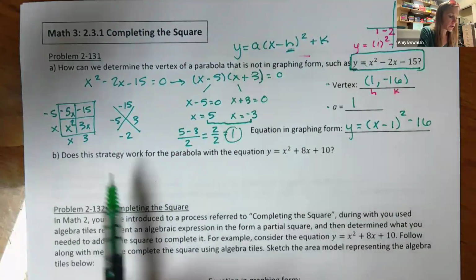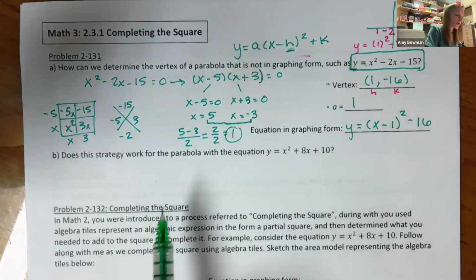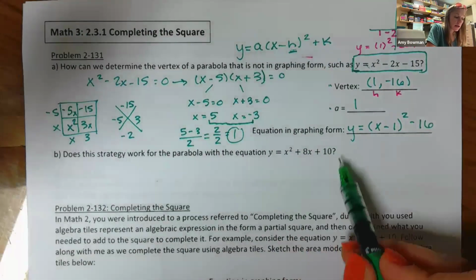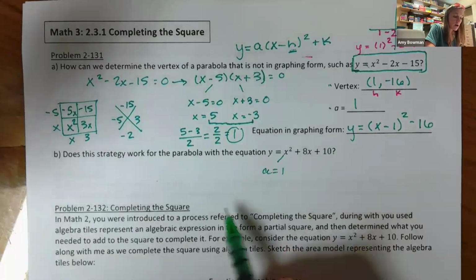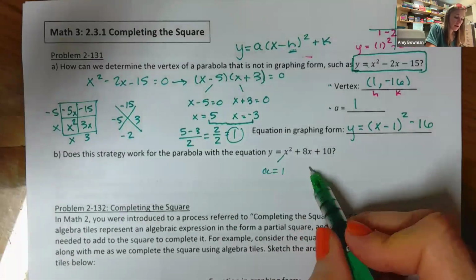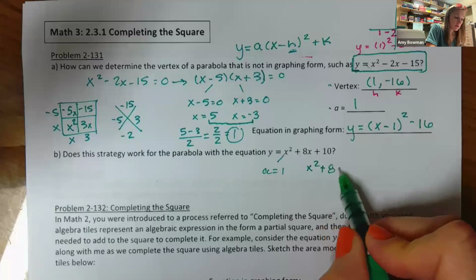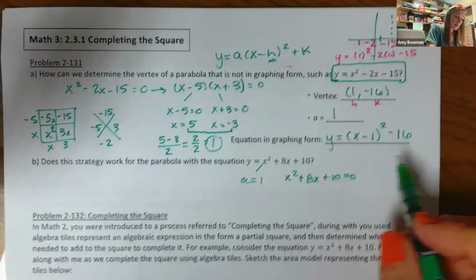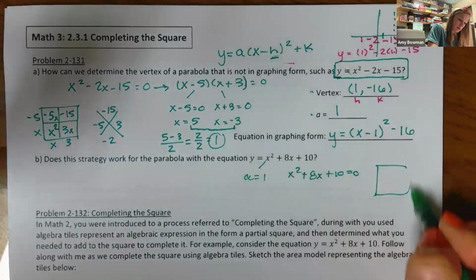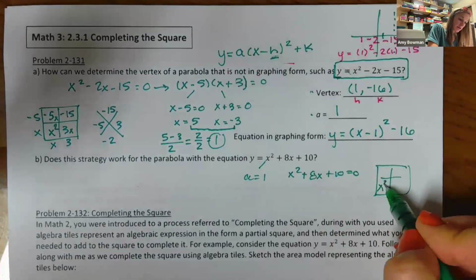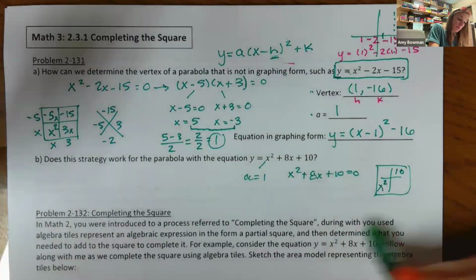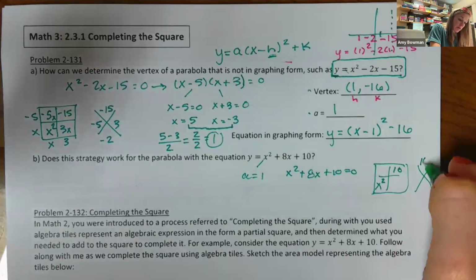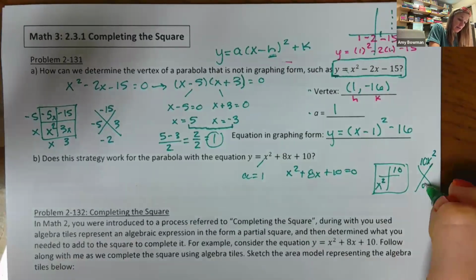Does this strategy work for every equation? If I wanted to start the same thing here in standard form, I can see a equals 1. When it comes to my intercepts, I would have to set this equal to 0. And then we would ask ourselves, when starting the factoring process, what multiplies to 10x squared and adds to 8x?